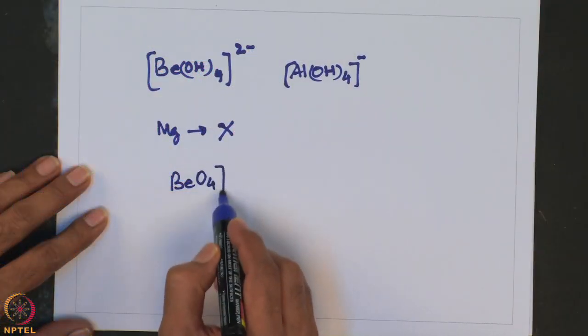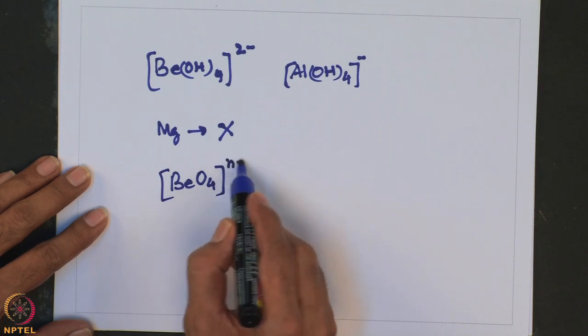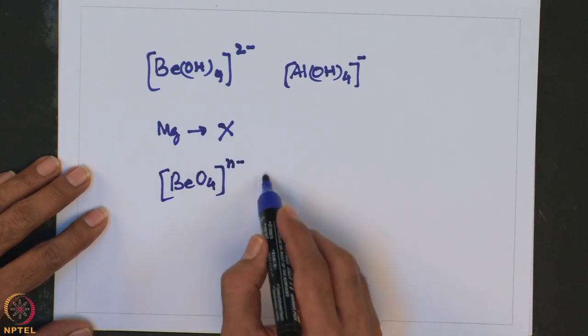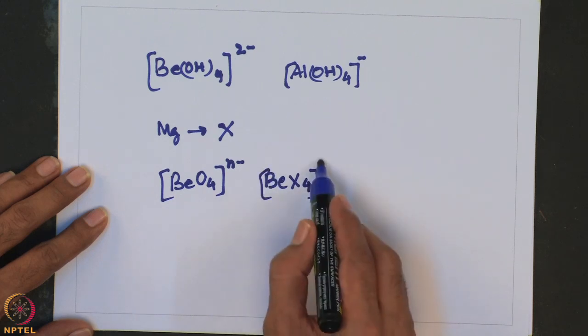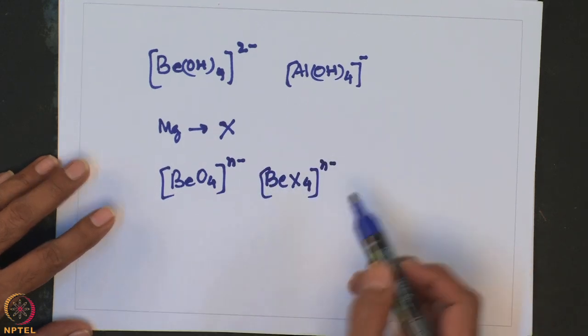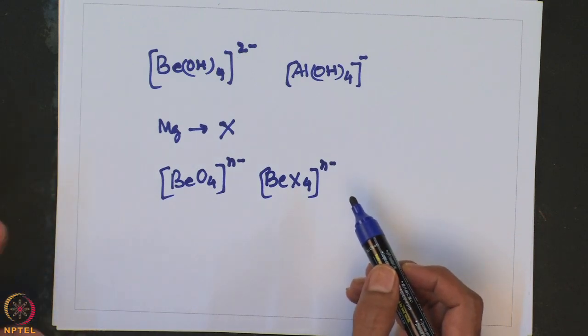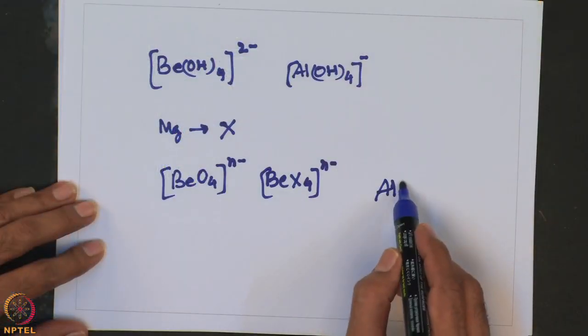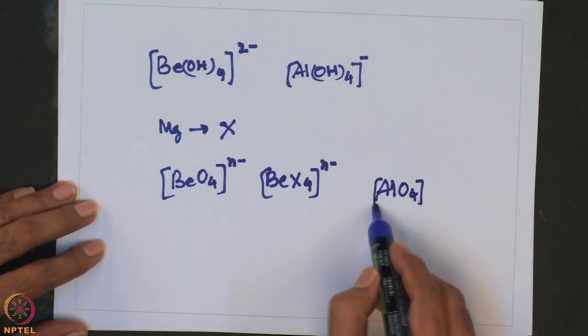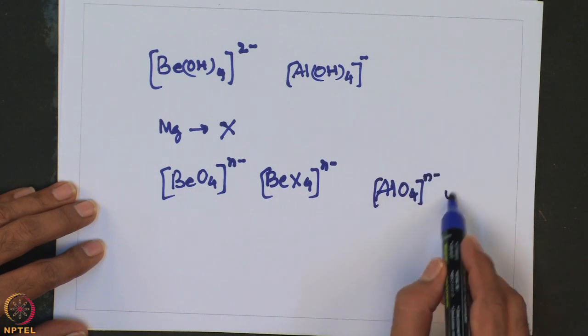So, beryllium forms structures built from BeX4 tetrahedra, and aluminum also forms numerous aluminates and aluminosilicates containing AlO4 units.